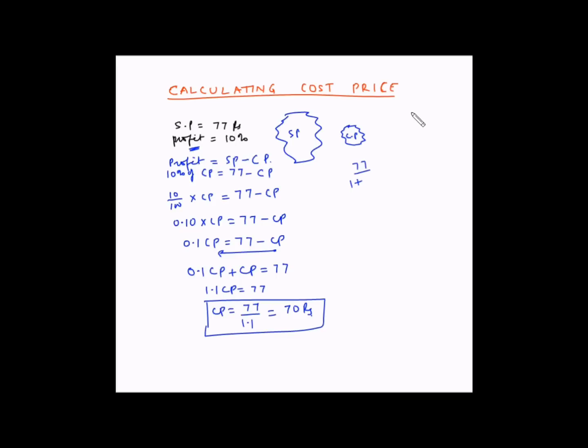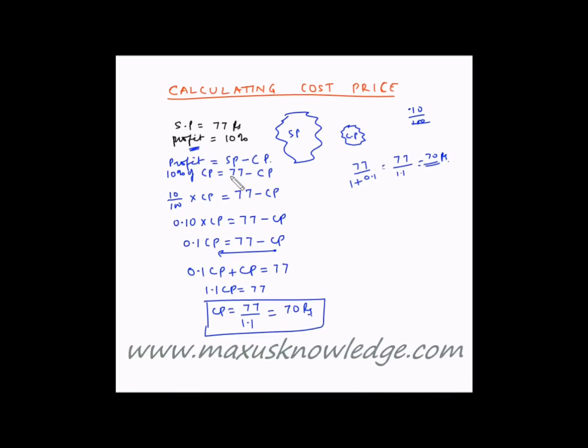Now because the denominator has two zeros, we can remove this and place the decimal starting from the right hand side at two places. So it becomes 0.10 or 0.1. So 1 plus 0.1, which is equal to 77 divided by 1.1, which will be equal to 70. Now this was the case where we had the selling price and the profit percent.